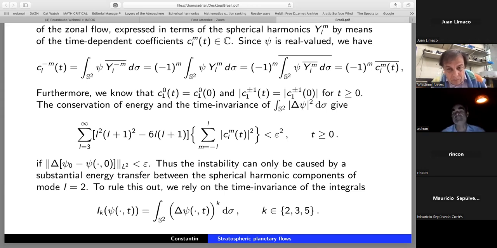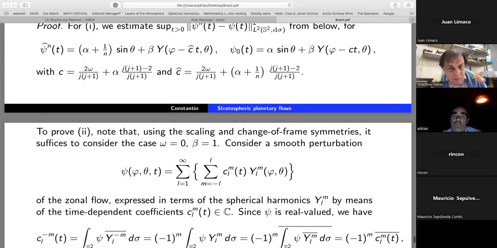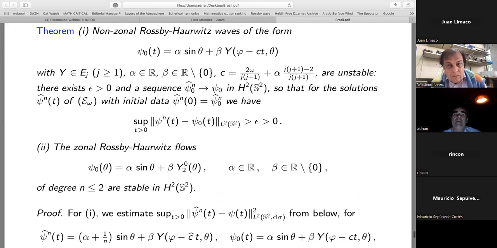So this is a survey of what we've been doing and why. Basically we have an Arnold type result for stability of zonal flows that unfortunately is applicable only for Rossby-Hurwitz waves of degree 1.